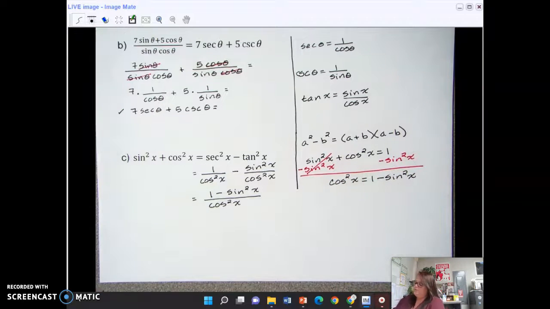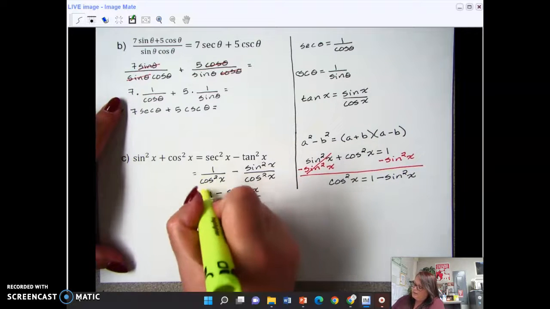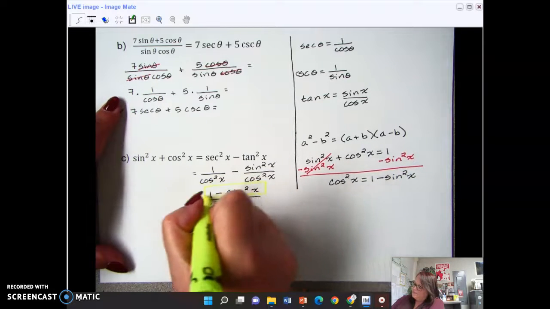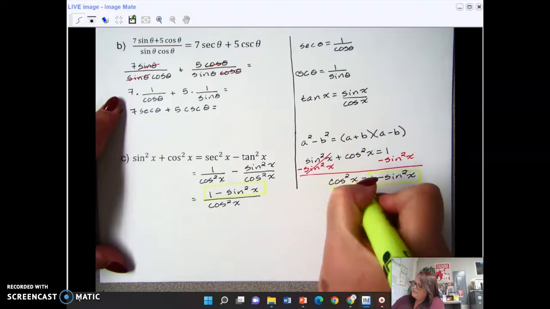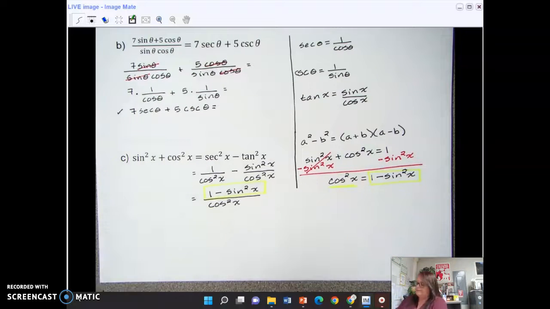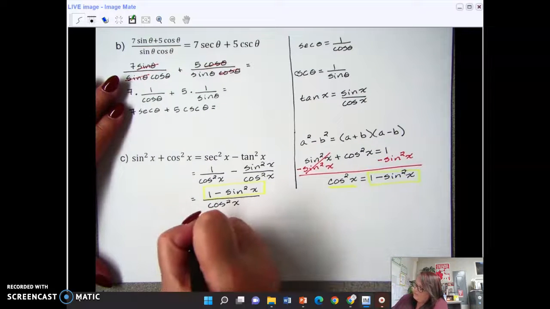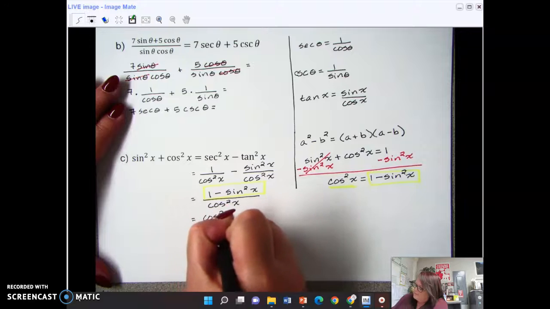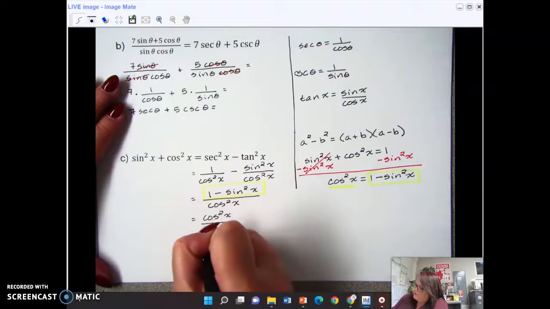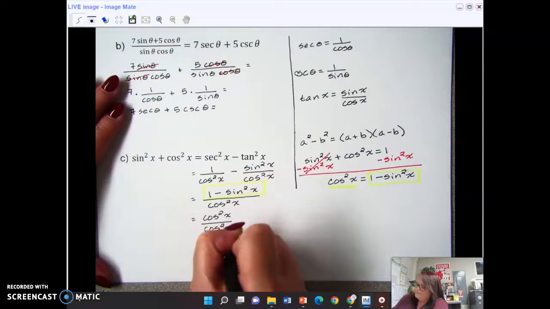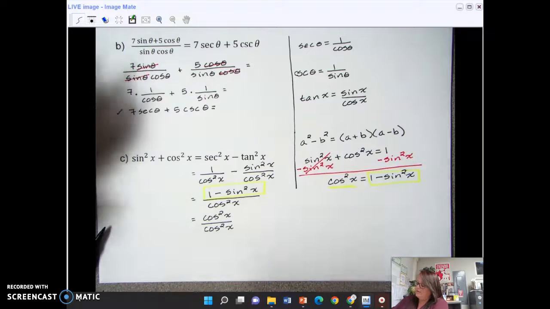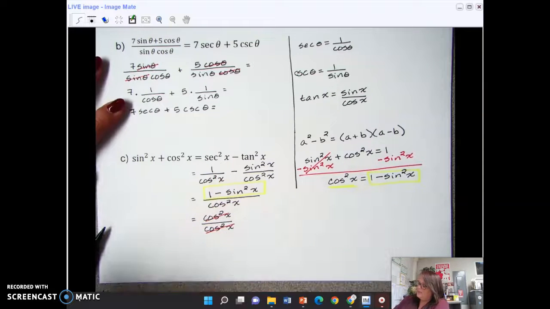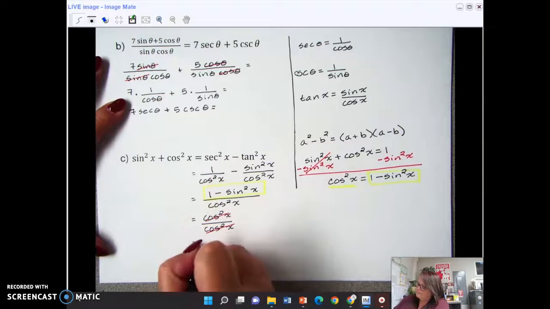And so again, hopefully you can see that this numerator looks like this right-hand side, so I can replace it with cosine squared of x. So this is going to be cosine squared of x over cosine squared of x. Okay. And then notice they cancel each other out and we just get 1.